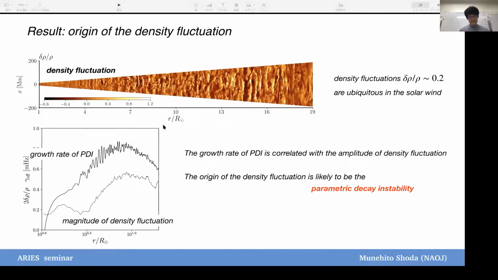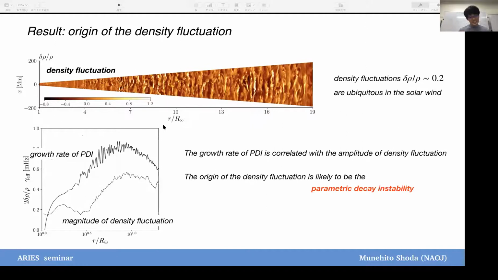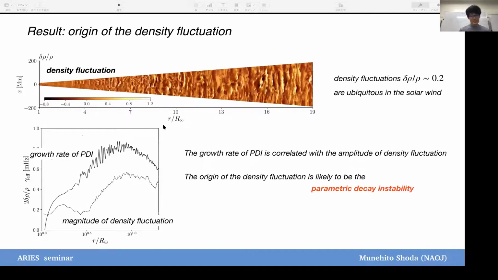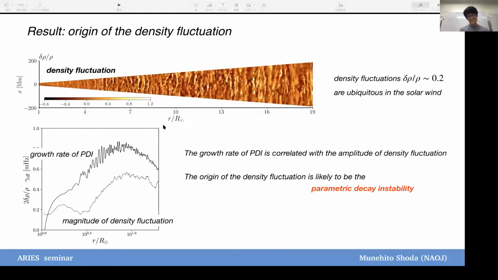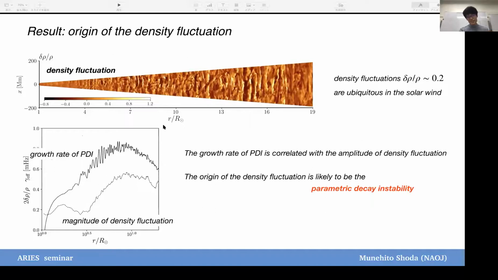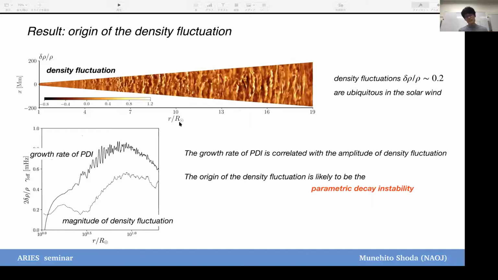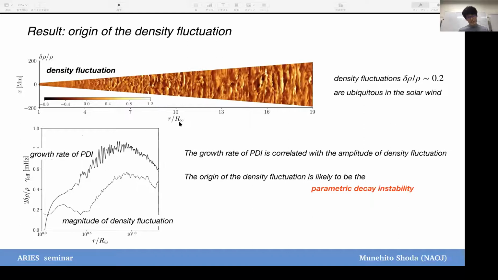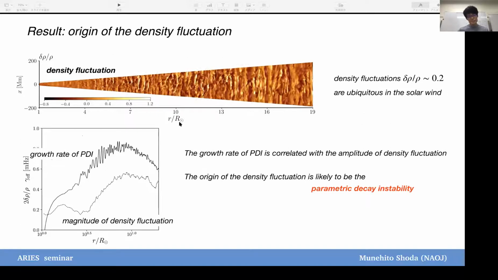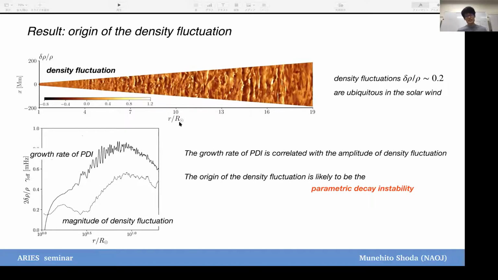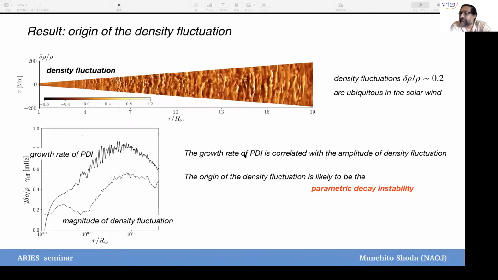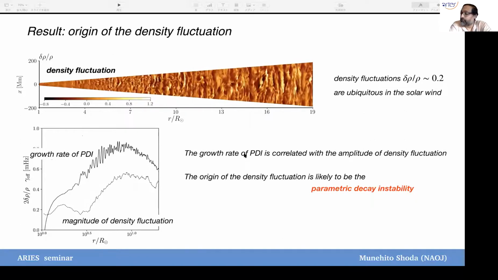So it's very difficult, even for Parker Solar Probe. But anyway, one work shows that we have 10% or 20% density fluctuation with the solar wave. Yeah, the sensitivity of the instruments has to be improved.